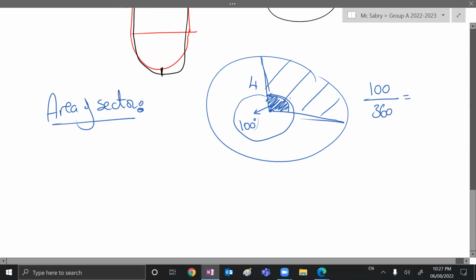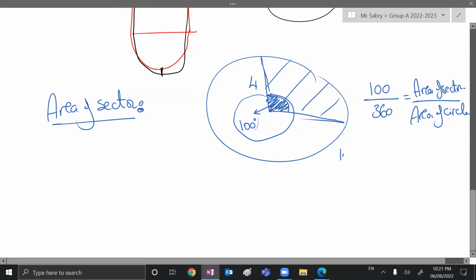So 100 over 360 is equal to the area of the sector that I'm looking for, the part, over the area of the whole circle. So again, the part of the angle over the whole angle is equal to the part of the area over the whole area. That's how we get the area of any sector.